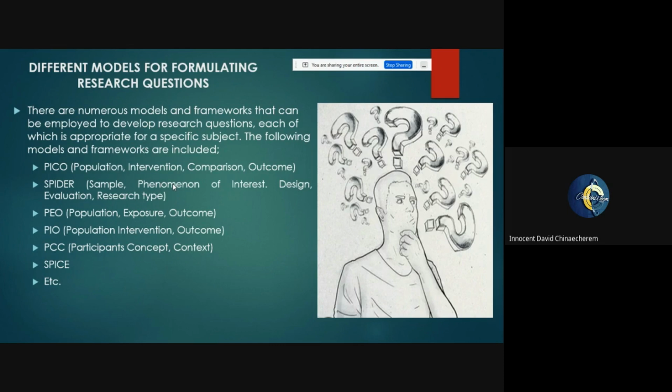Now, we also have the I in the PICO, the intervention. What type of intervention are you addressing? Are you formulating a research question that is aimed at targeting a particular intervention?